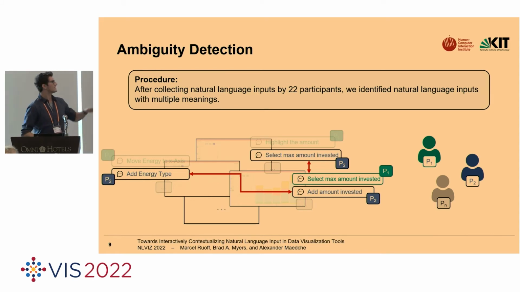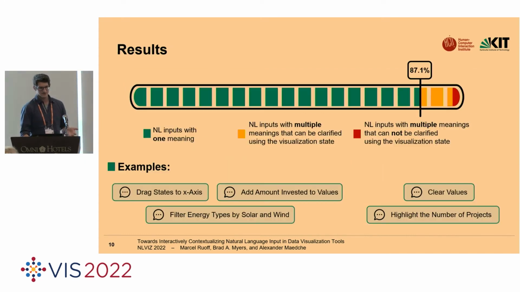We found that sometimes different participants use the same natural language input for completely different functionalities, but also the same participants sometimes utilize the same natural language input to invoke different functionalities of the data visualization to author it. In our results, however, luckily 87.1% of the inputs only had one meaning.